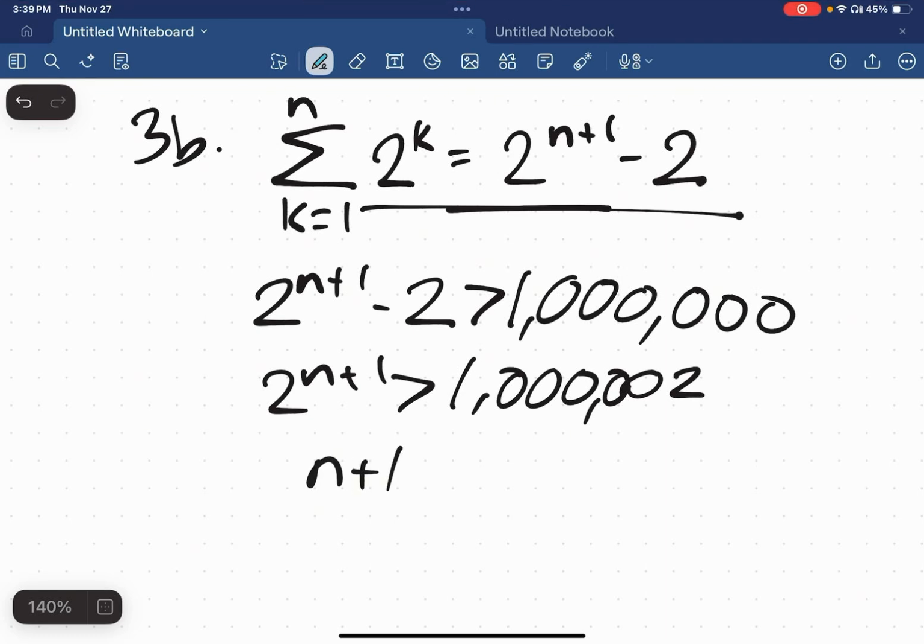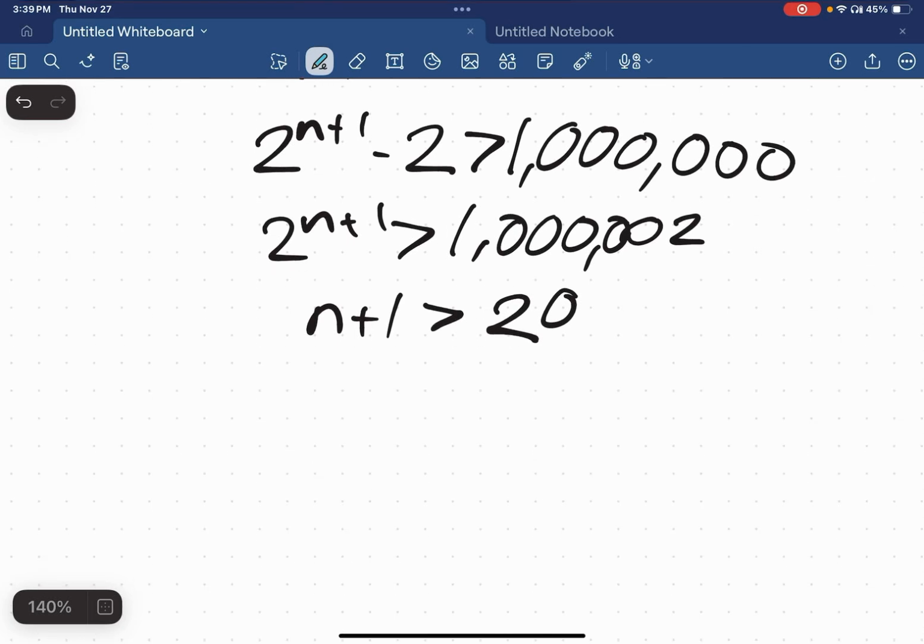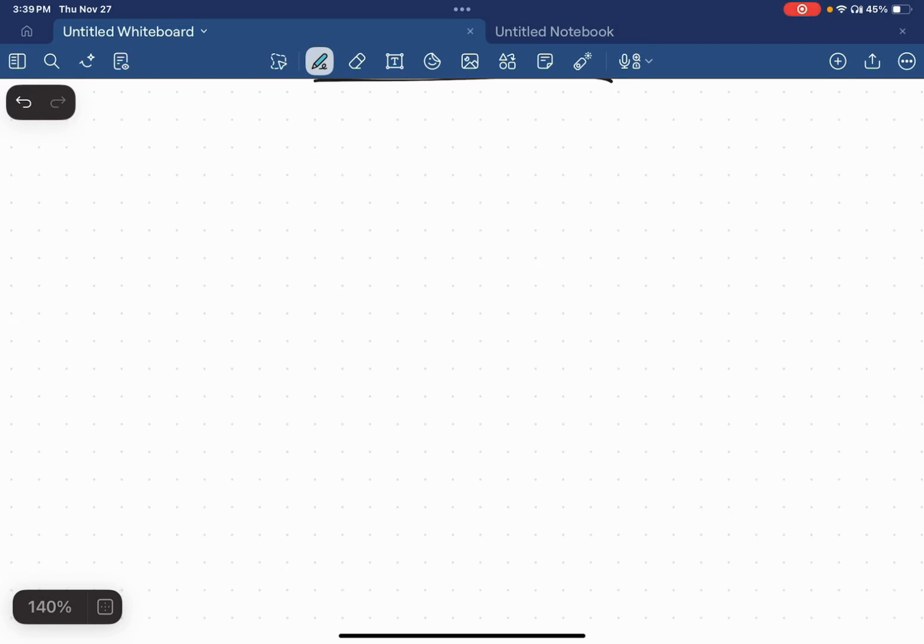Plus 1. That's around, according to my calculator, 21. No. 20. So that means that n has to be greater than 19. That is our solution.